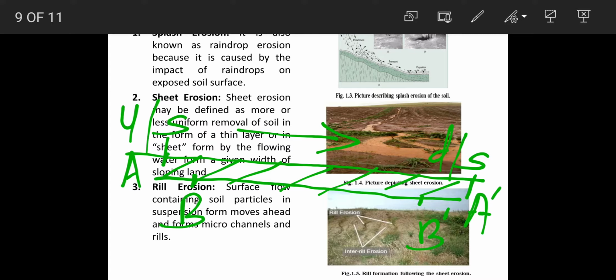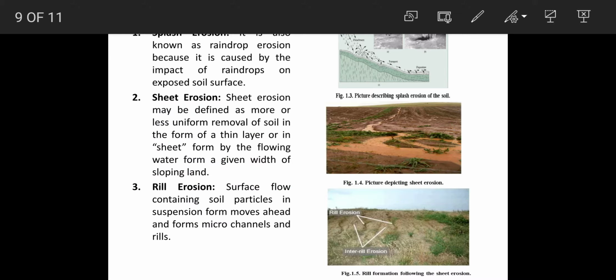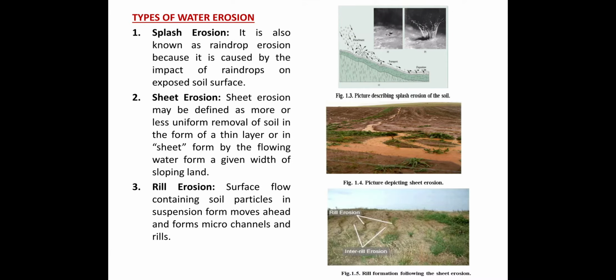That is why there is a loss of soil, that is soil erosion, in the form of a thin sheet or thin layer of soil. That type of erosion is called the sheet erosion.